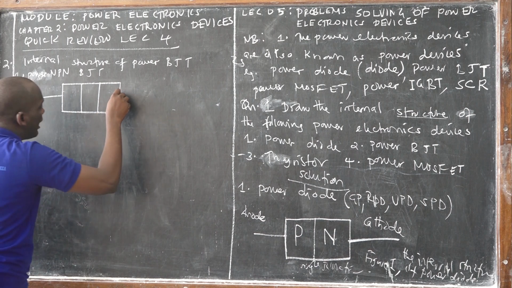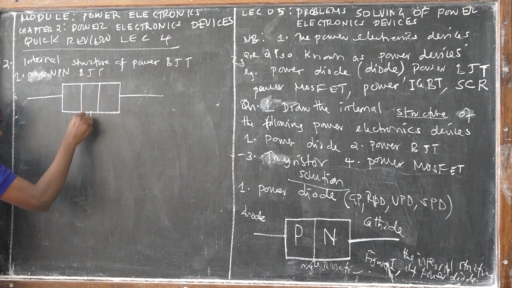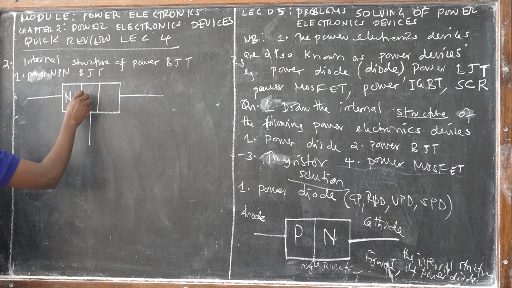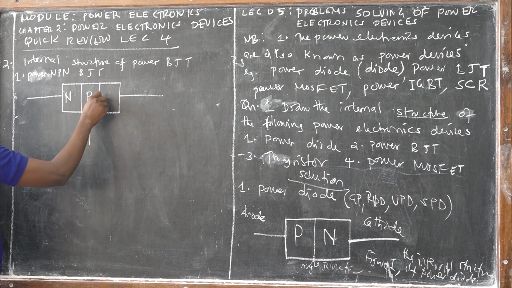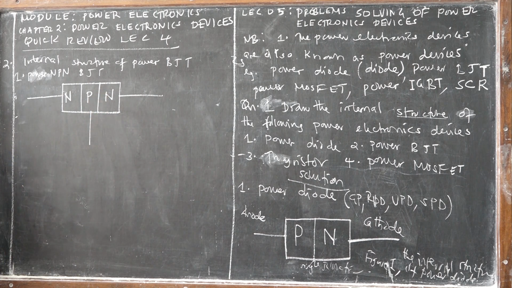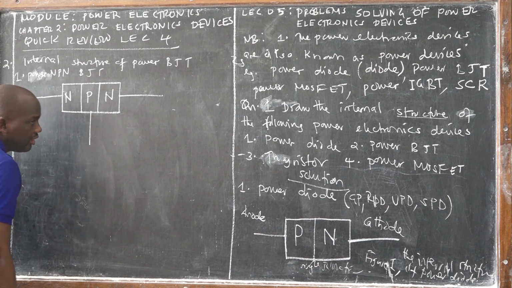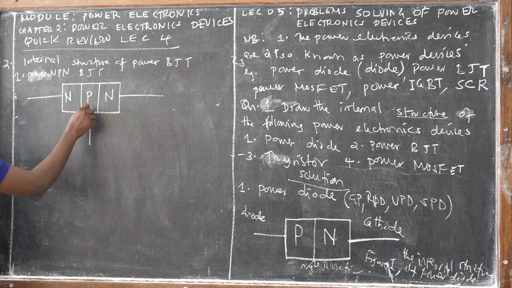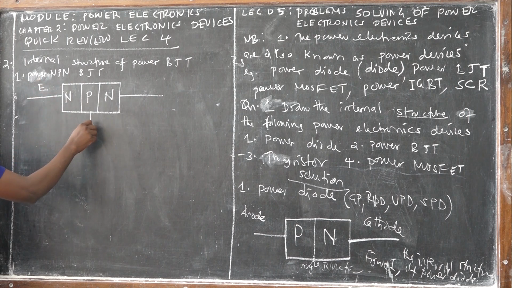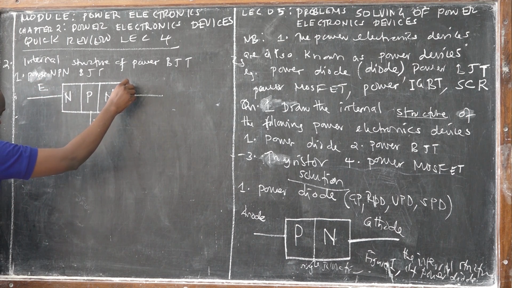It has three terminals: this one is N, this is P, this is N. What are the names of these terminals? Emitter, and this one, and this one?